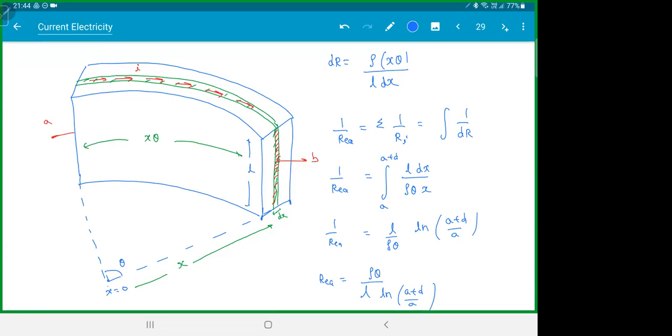It's a good one. Clear? It's a good one.